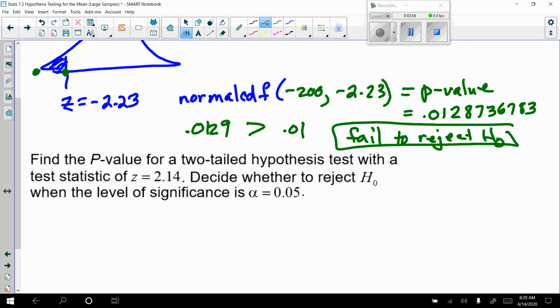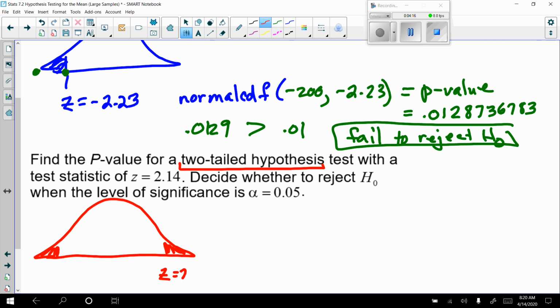In the next one, we have a two-tailed hypothesis test. That means that we have both ends that we have shaded regions on. We know that z is equal to 2.14.